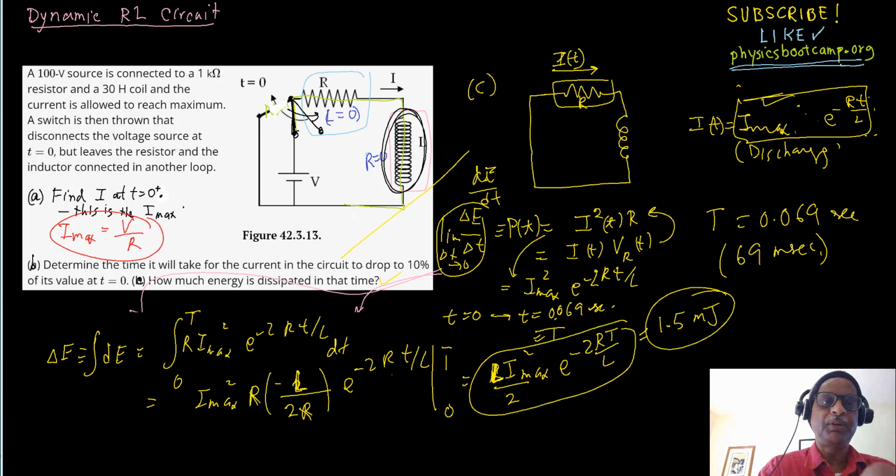So if I'm going to have a switch that just goes this way to nowhere, unconnected, then the current I max was going through this and has no place to go.